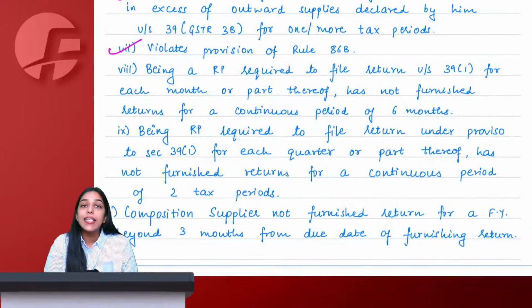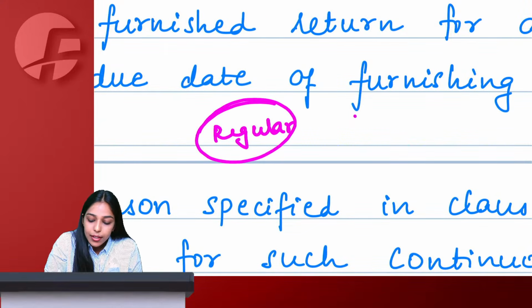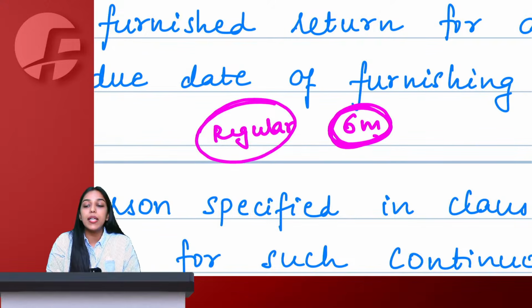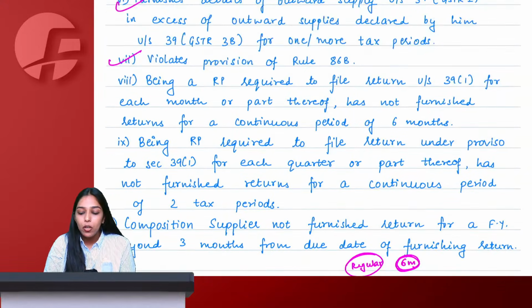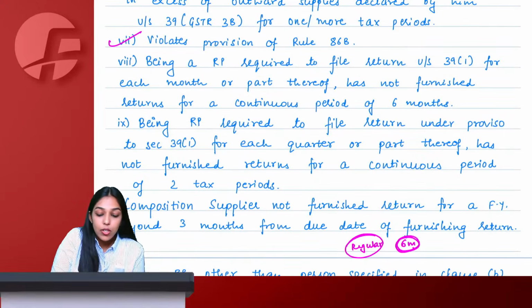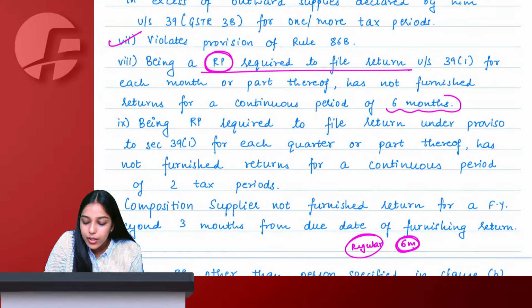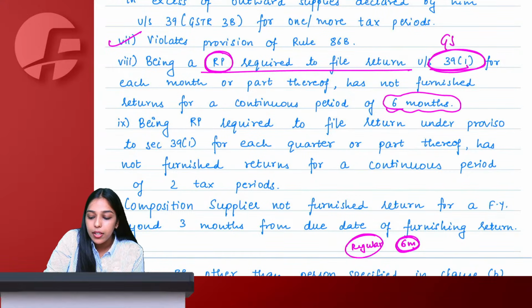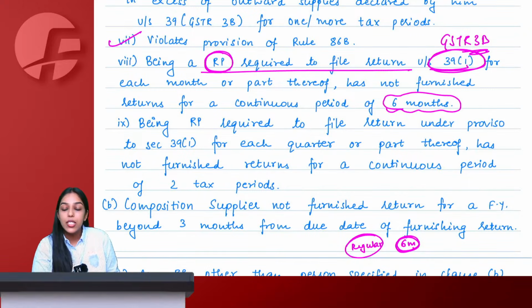I am violating rule 86B, or if I am a regular registered person who is required to file monthly returns and it is already 6 consecutive months I have not filed my return, I have not filed my GSTR-3B, then also my registration can be cancelled. So being a normal regular registered person, it's been continuous 6 months I have not filed return under section 39, means GSTR-3B.